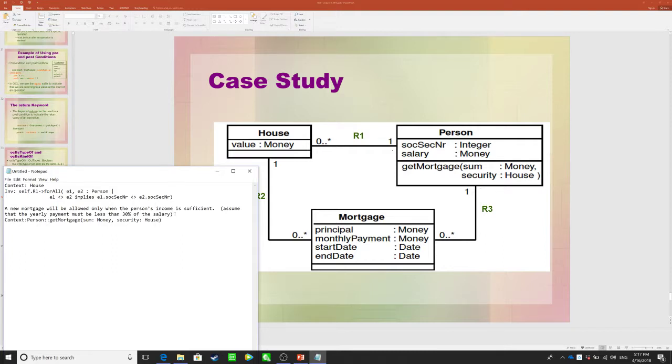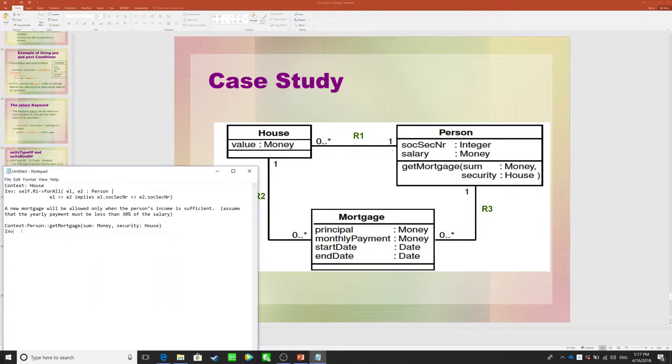So basically this is the context. And then what next? R3 or R1? No, not yet. Do we put INV here? Make it bigger. Oh yeah, that's too small, right?